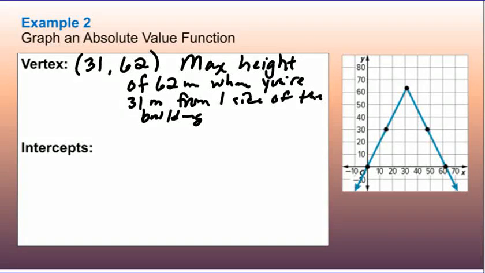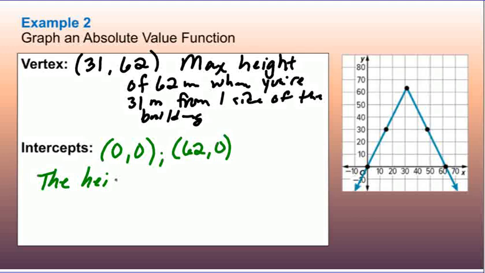The intercepts, so where is it across the x-axis and where is it across the y-axis? Well, we know the intercepts are (0, 0), and we have (62, 0). So what does that mean? It means that at 0 meters and 62 meters from one side of the building, the height is 0 meters.